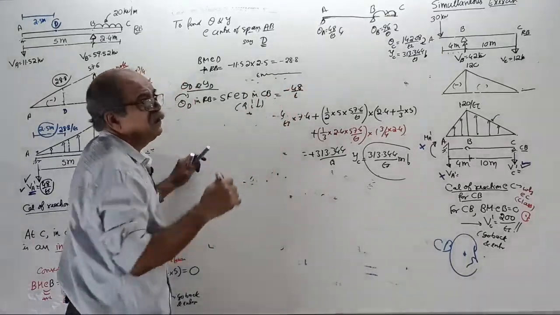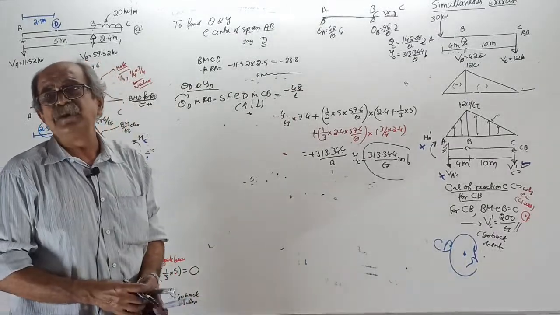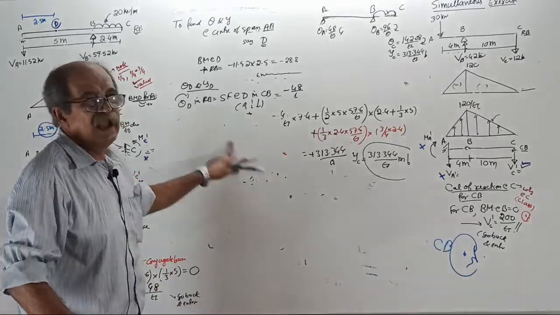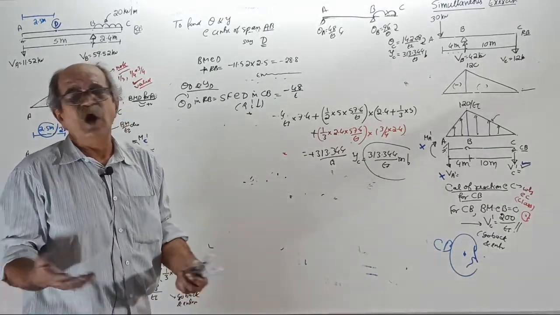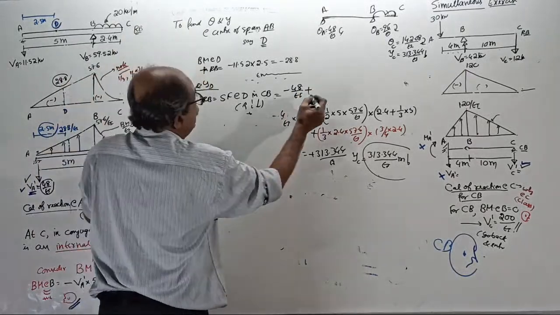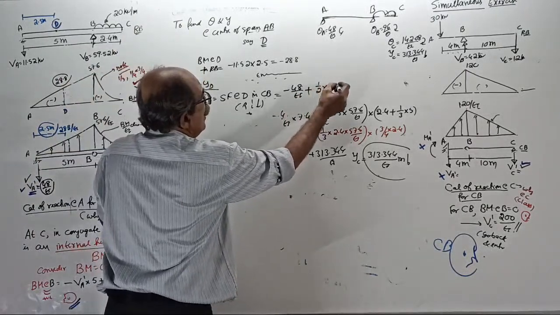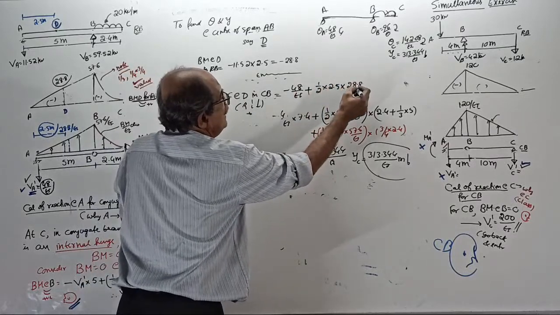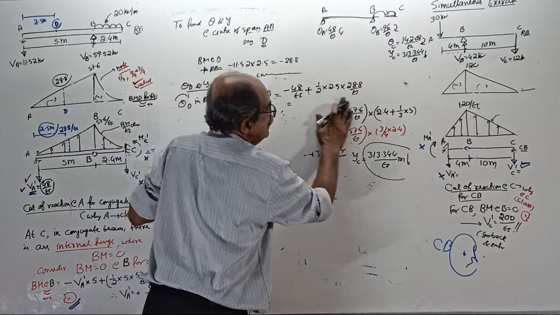Slope at D is actually not required. See, the trick is not applicable to slope. Nobody will ask you for it. Minus 48 by EI plus half into 2.5 into 28.8 by EI. Fast answer.